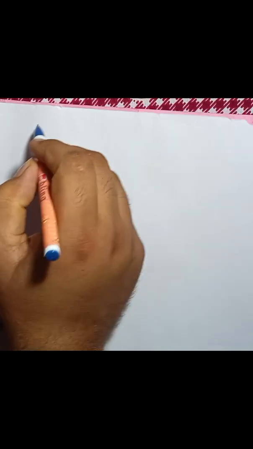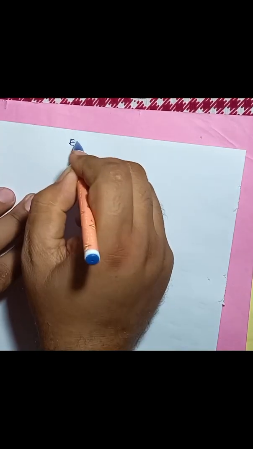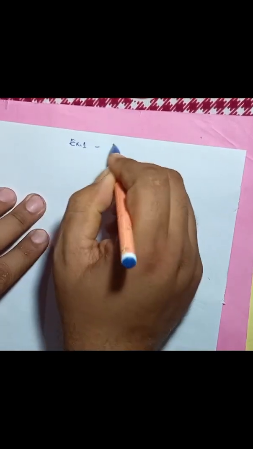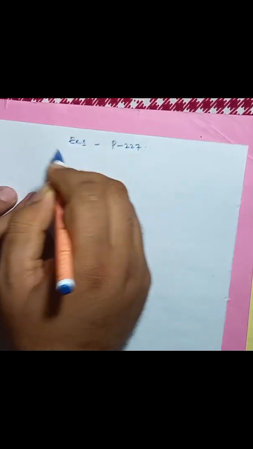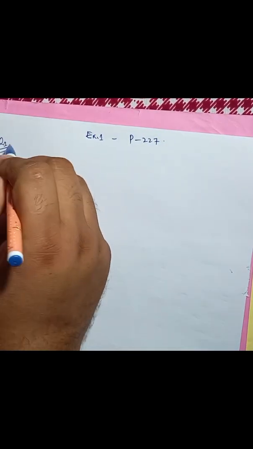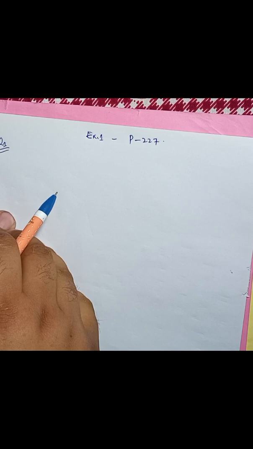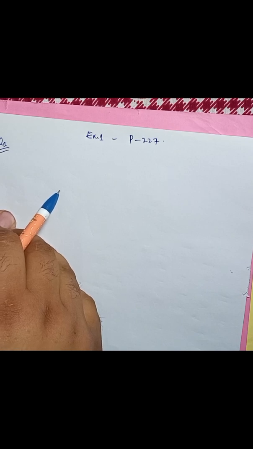Now you can see question number 1 from Exercise 1, page 227. What is it? A spinner with 10 sides is spun 30 times with the following results.